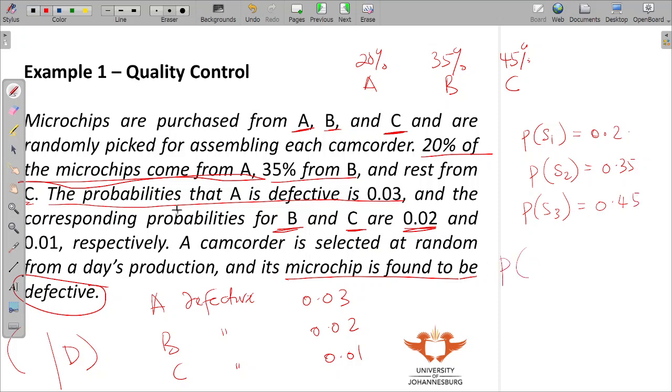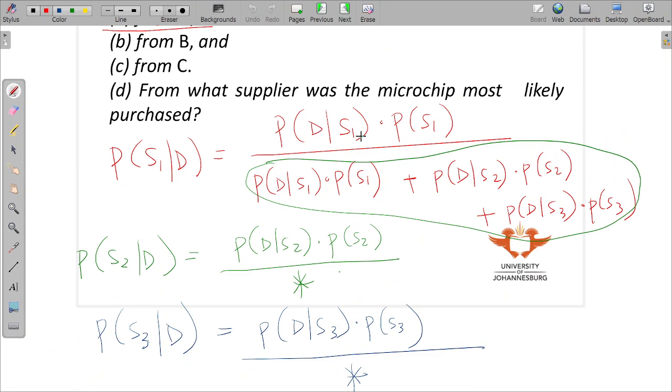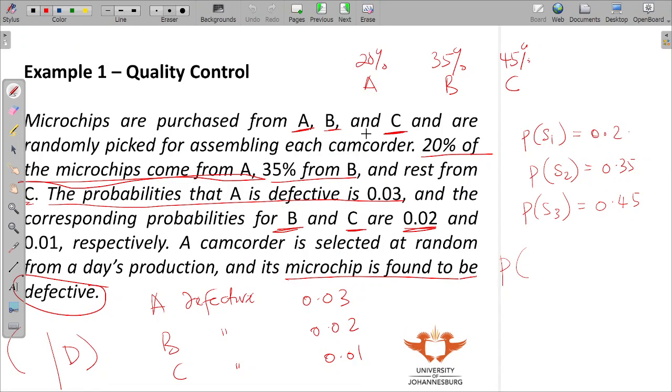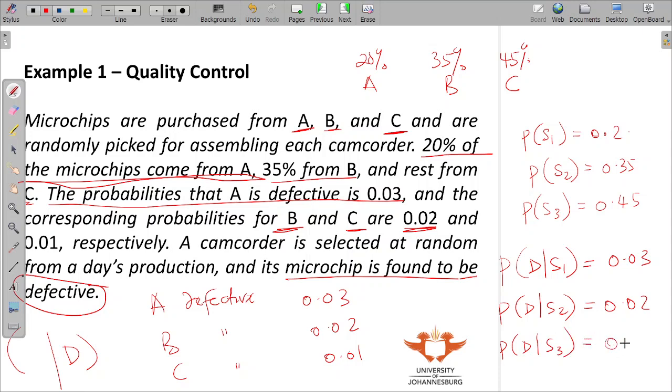Now the probability of defective from A, that means the probability of defective given S1, don't forget S1 is supplier from A, is 0.03. The probability of defective from supplier B is 0.02, and the probability of defective from supplier C is 0.01.